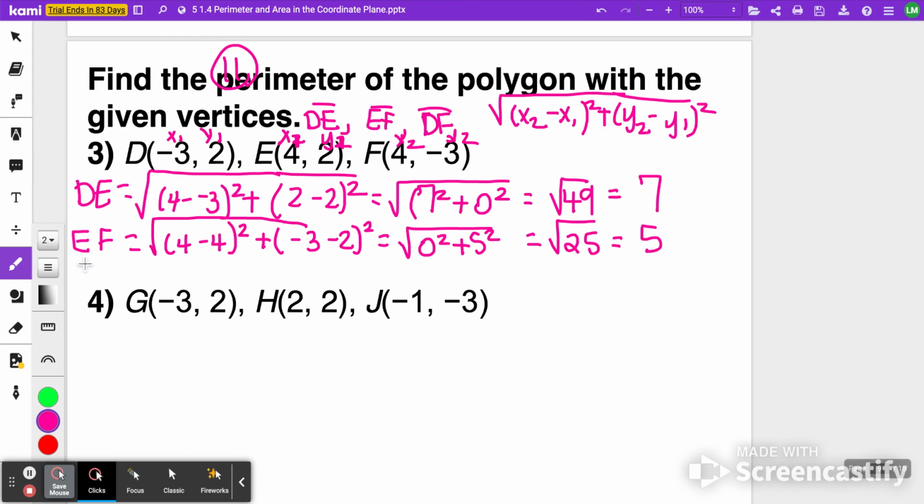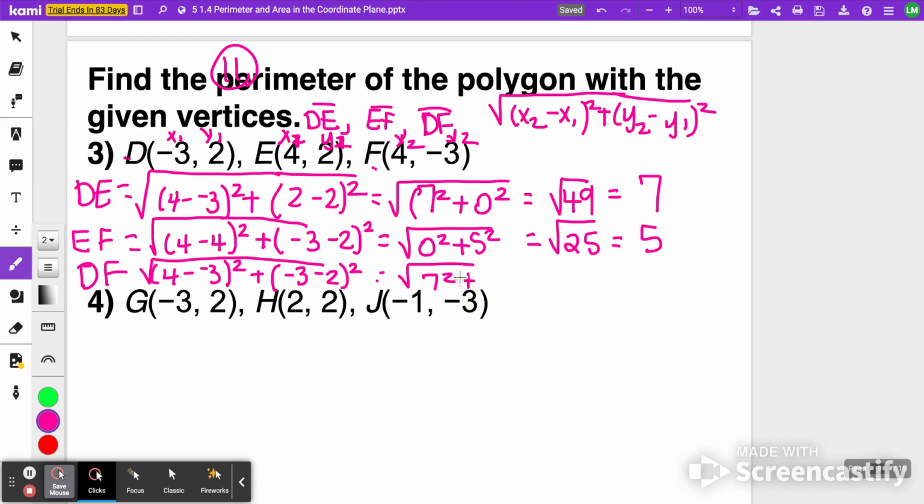Last but not least, I have segment DF, and again, I'll use x1, y1 as the same for point D, and then point F will be x2, y2. So finding the differences in my x values, x2, which would be 4, minus negative 3 x1 squared, plus y2, negative 3 minus 2 squared. 4 minus negative 3 is actually 4 plus 3, and that's going to be 7 squared.